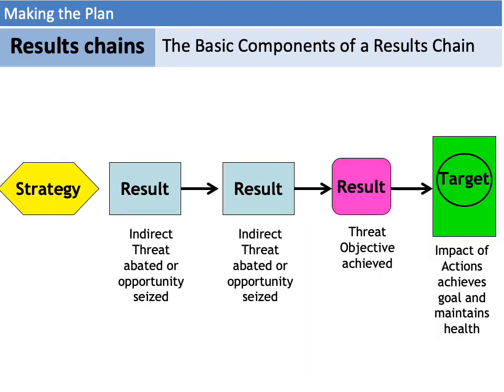So the basic components of a results chain are the strategy we've selected, the goal related to the target, then we need a result related to the threat or a threat objective.